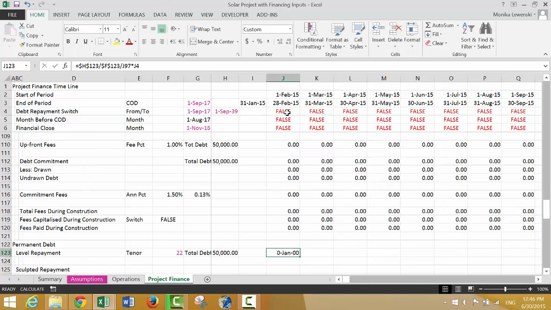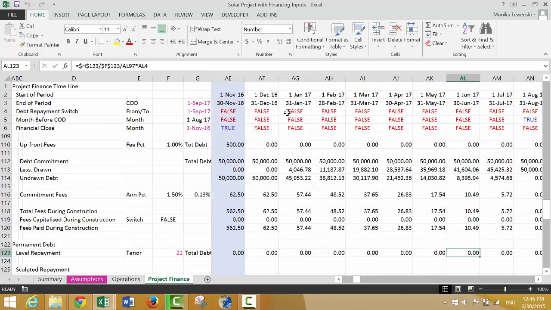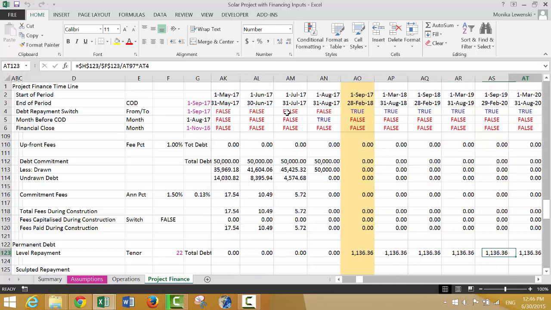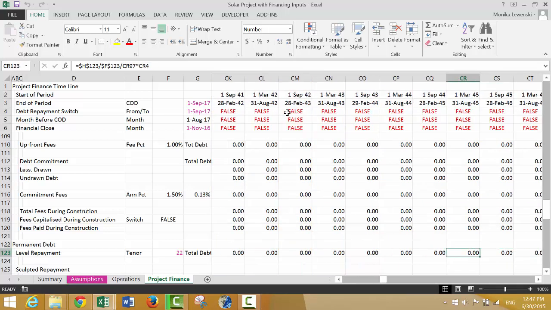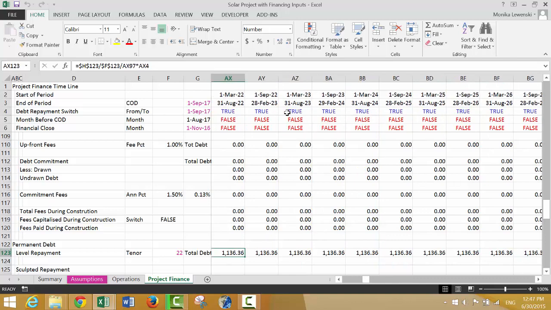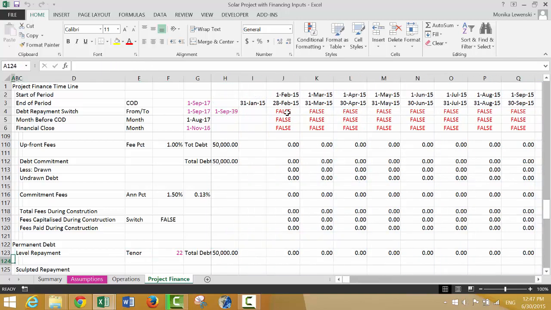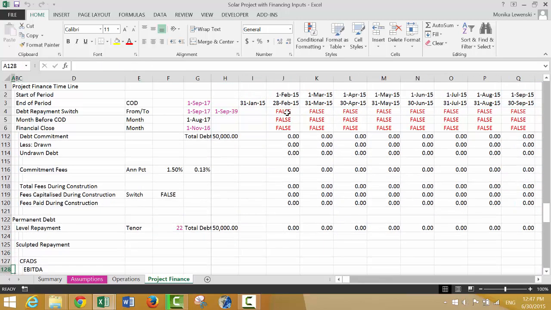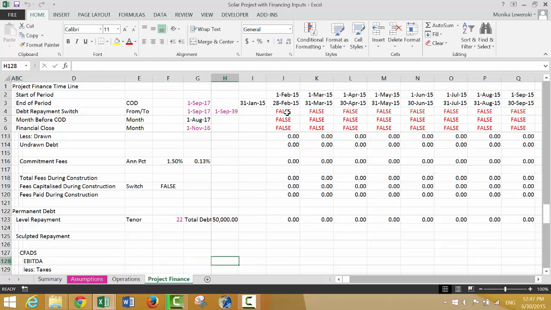Okay, so that introduces us a little bit to some of the debt repayment. So we have nothing, and then it's just flat, and it goes to zero. Now for the sculpted repayment, that's more painful. I don't want to pretend it's not.